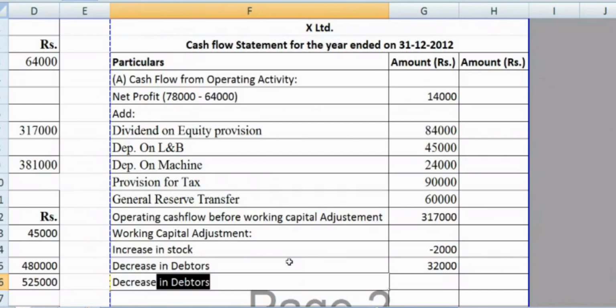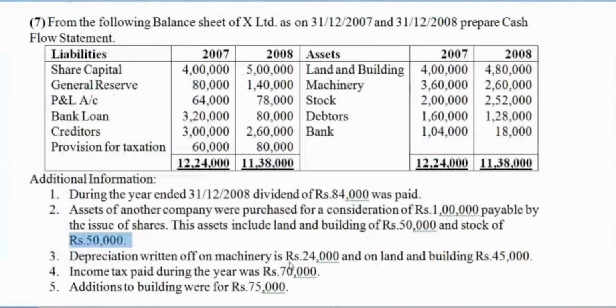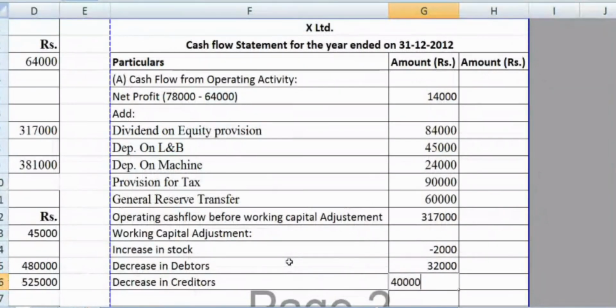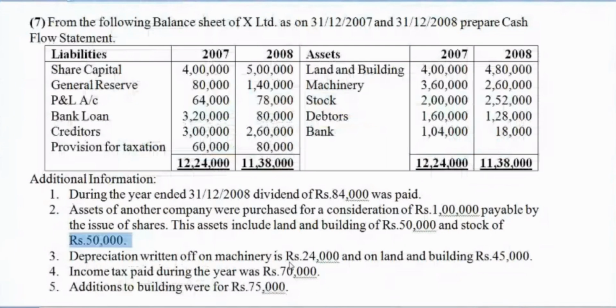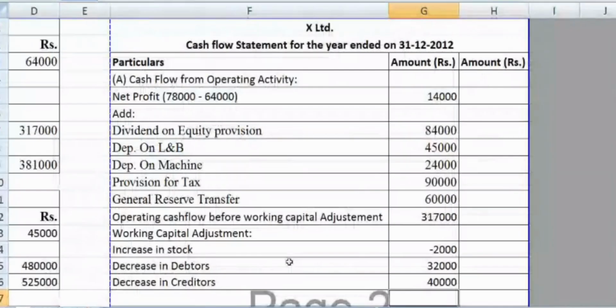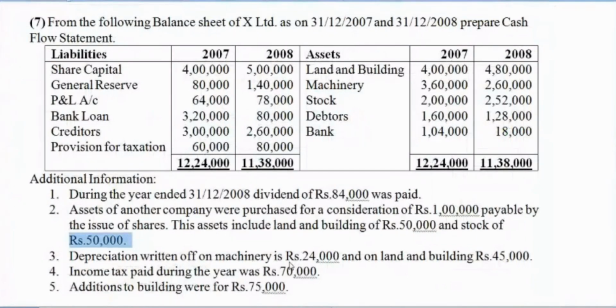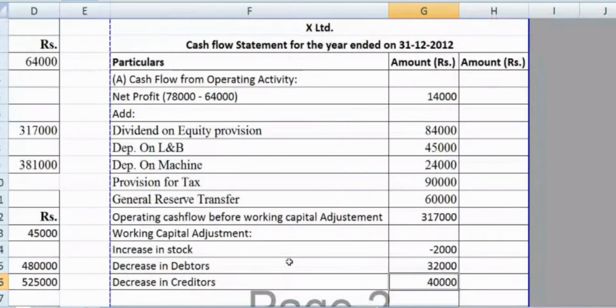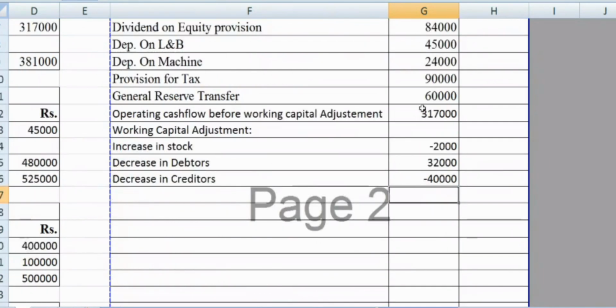So, what is the difference? 40,000. माइनस क्योंकि क्रेडिट सर। लाइबिलिटीज अगर डिक्रीज होती हैं तो माइनस ही लिखा जाता है, तो इसको हम माइनस कर देंगे। चलिए माइनस हो जाएगा ये। ओके नेक्स्ट, अब क्या करेंगे, इसके साथ इसको मिला लेंगे। ओके जोड़ करेंगे, इसका टोटल करेंगे, 3,07,000 इज फाइनल आंसर। इज दिस देयर?